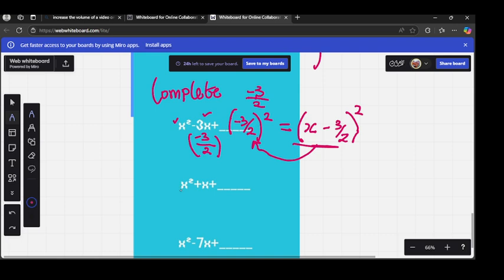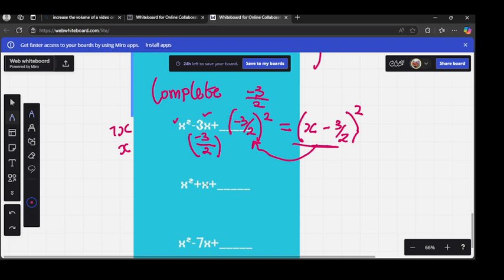Now the next one: I have s squared plus x plus what? The x you have here is just 1x. If you have 1x, you just write it as x only. I expect you should know this now.